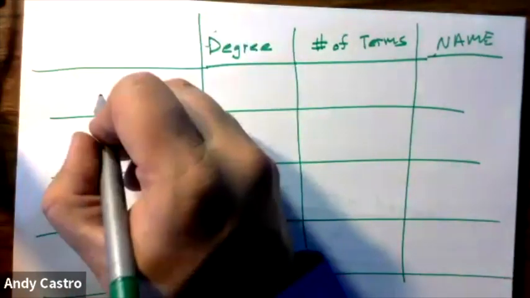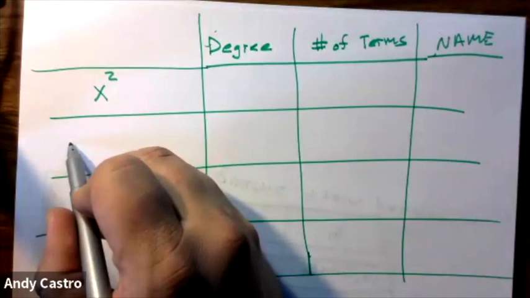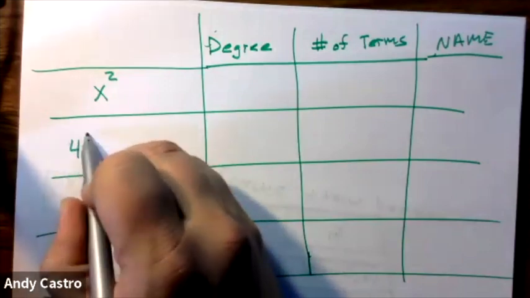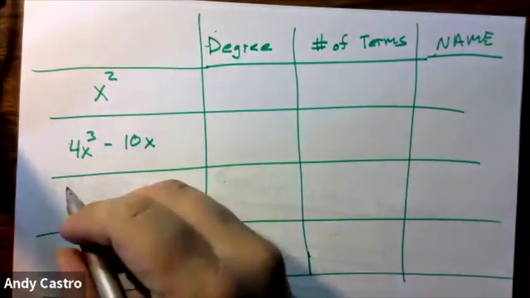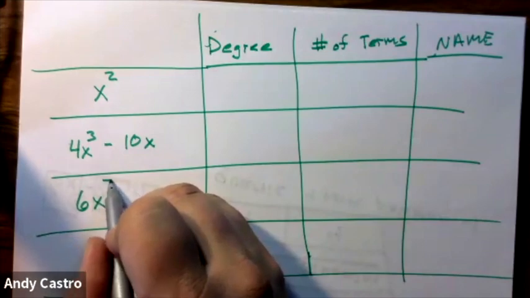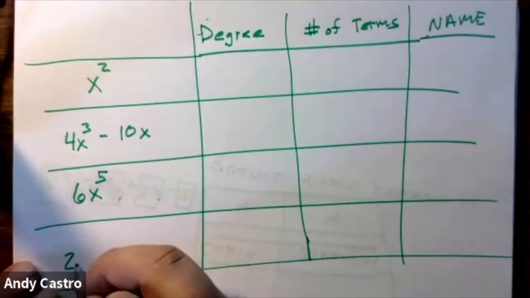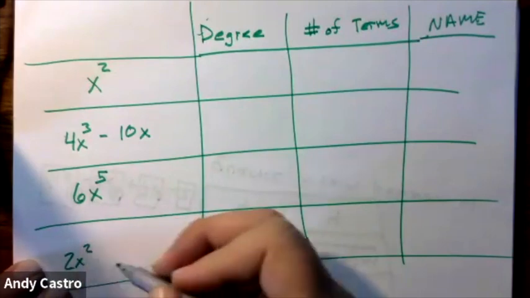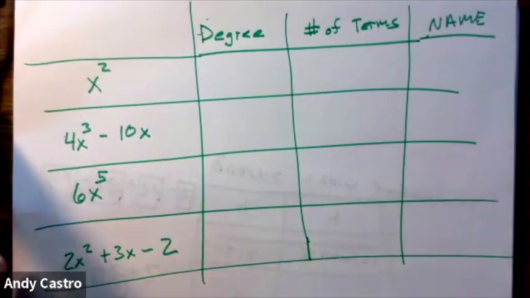So here you're going to have x squared. Here you're going to have 4x cubed minus 10x. Here you're going to have 6x to the 5th power. And then here you're going to have 2x squared plus 3x minus 2.